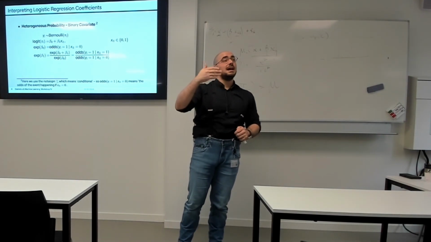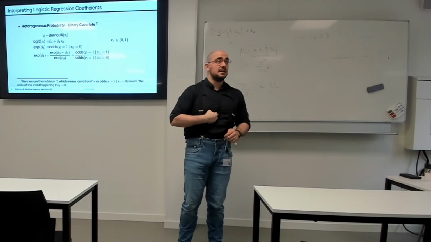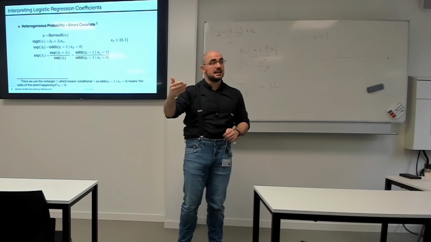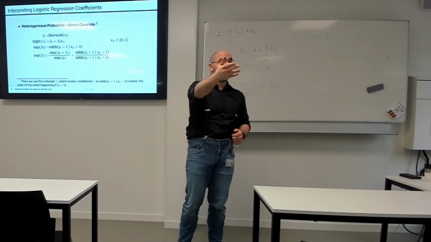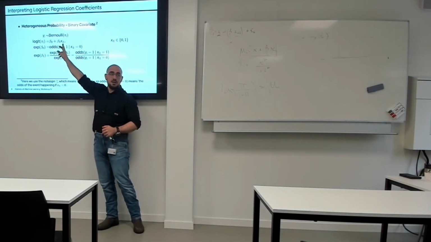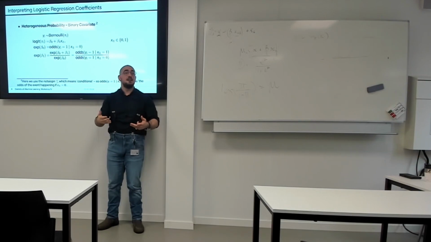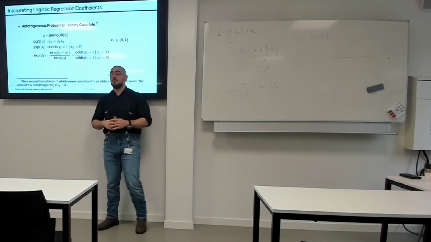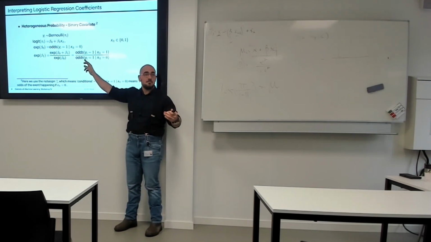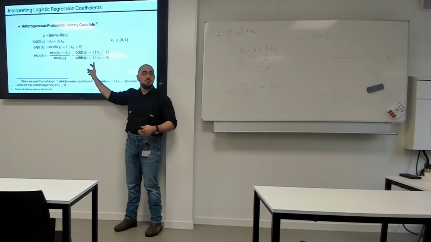We're trying to learn about how a specific covariate, let's say being college educated, will make you more or less likely to vote for Trump, or whatever the event is. So we fit a regression model, and now we want to interpret the coefficients on our regression model. We want to be able to say being college educated makes you twice more likely to vote for Trump as opposed to not being college educated.